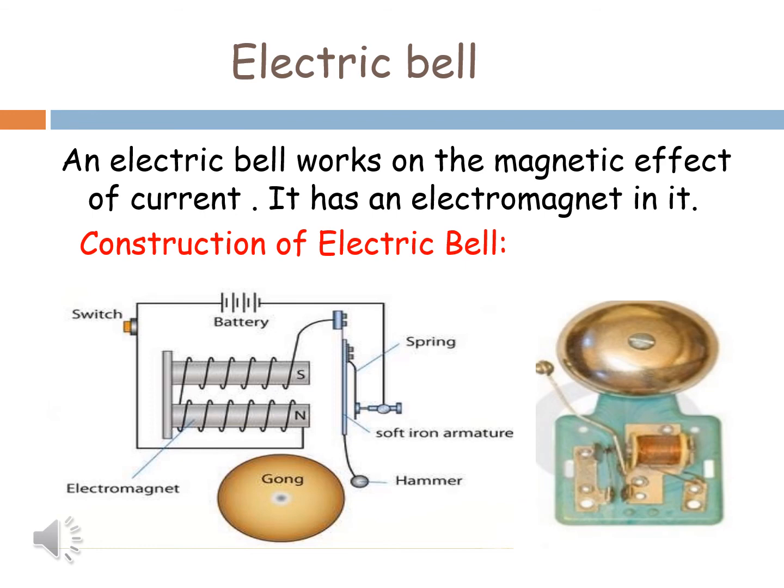There is a contact screw which just touches the armature at point E. A metal gong is fixed near the hammer, and the electromagnet is connected to a battery, a push button switch, and the armature in a circuit.